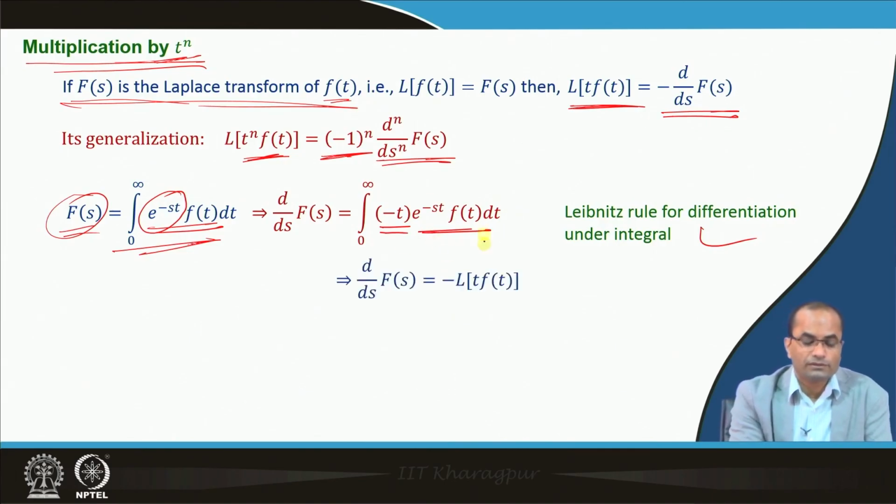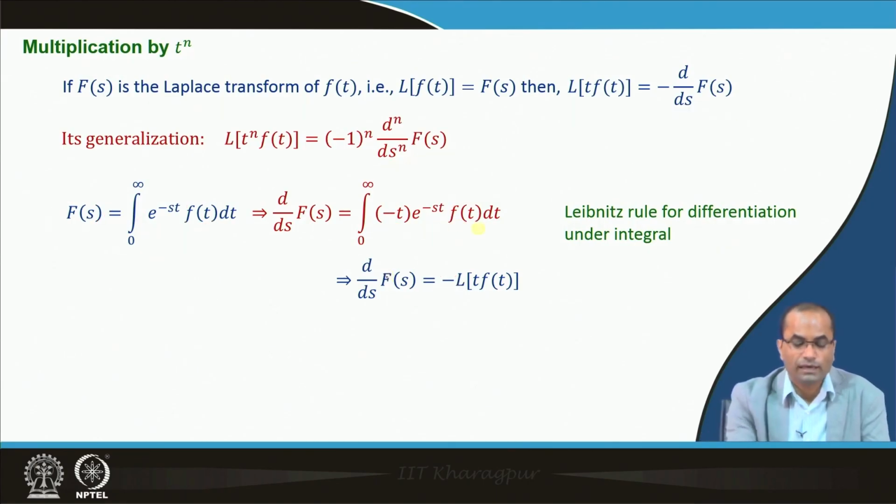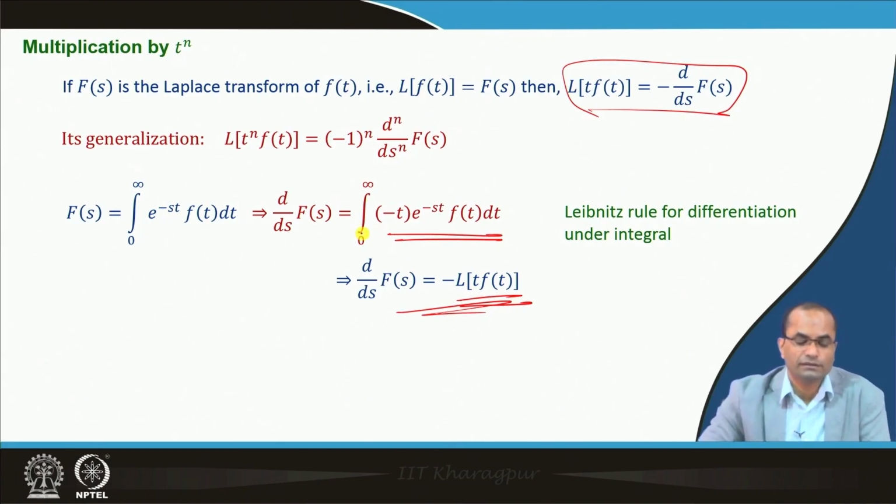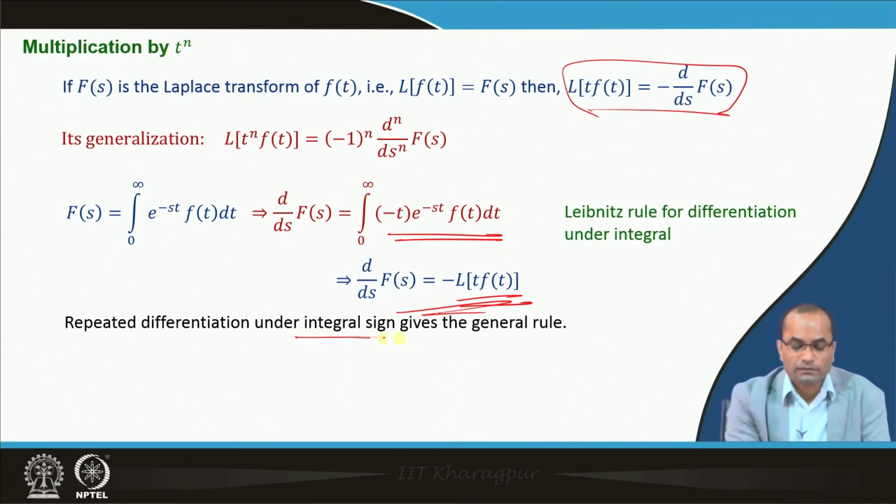So, this is the Laplace transform of t f(t), and this minus sign comes because of this, and now the function is t f(t) instead of f(t). So, we have the right hand side as minus Laplace of t f(t), and that is exactly the result we want to prove.